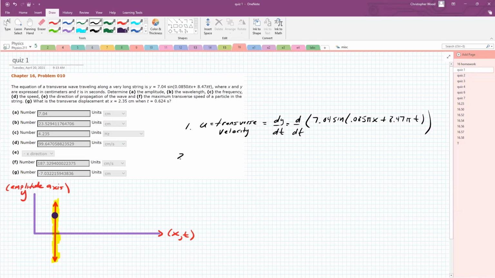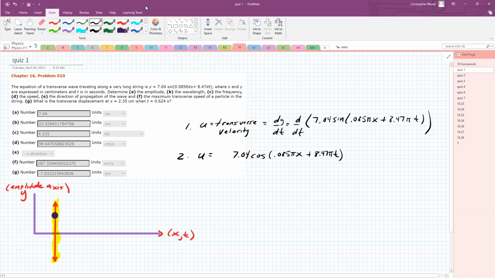How do you take the derivative of that? Well, I know how to take the derivative of sine. The derivative of a sine function is a cosine function. So it's the same amplitude, 7.04, that's a constant. Sine becomes cosine. The argument remains the same, 0.085 pi x plus 8.47 pi times t.